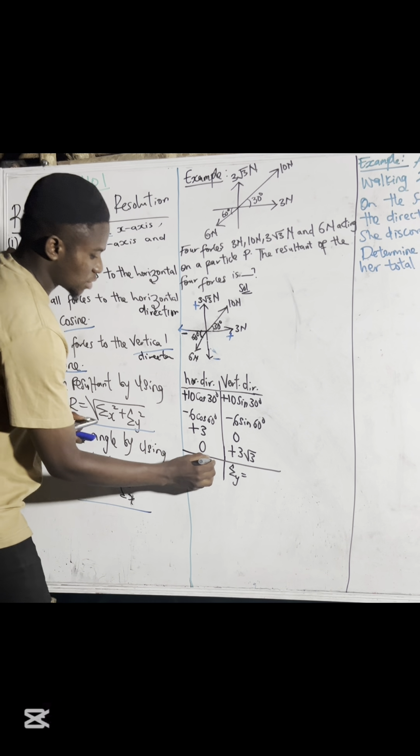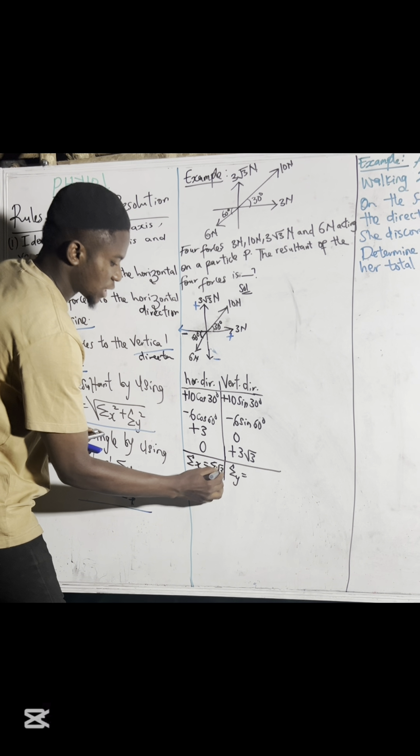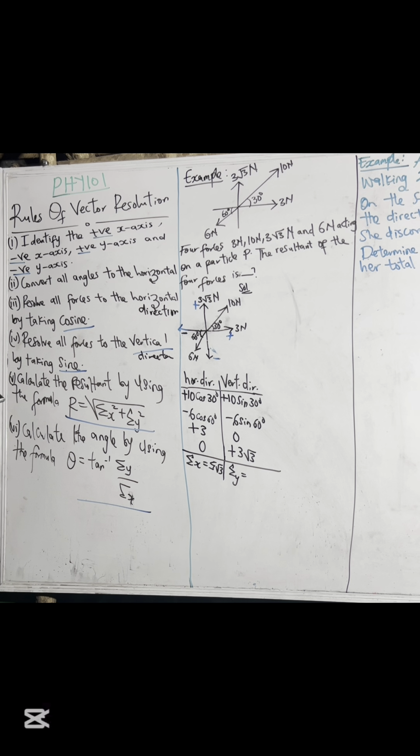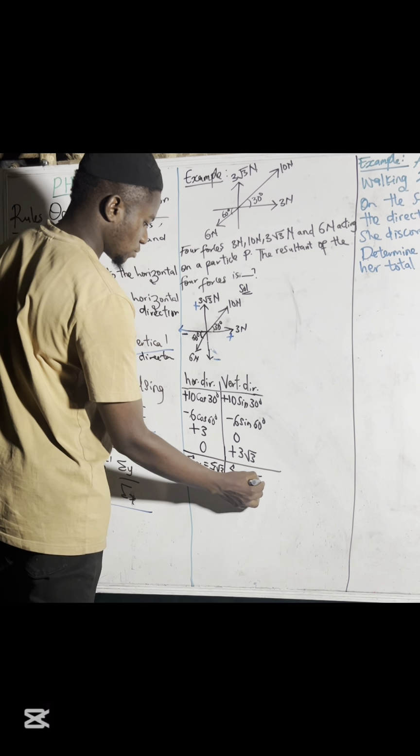This is going to give us 5 root 3. While this will give us 10 sine 30 degree minus 6 sine 60 degree plus 3 root 3. This will give us 5.